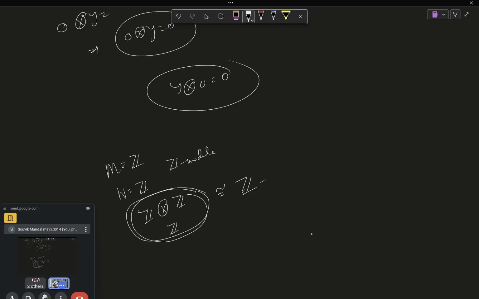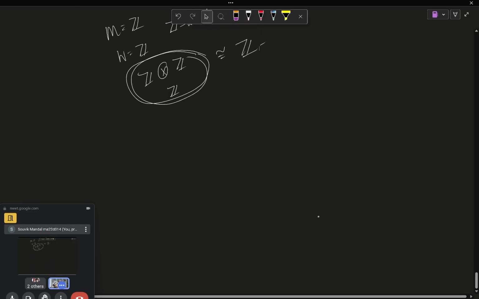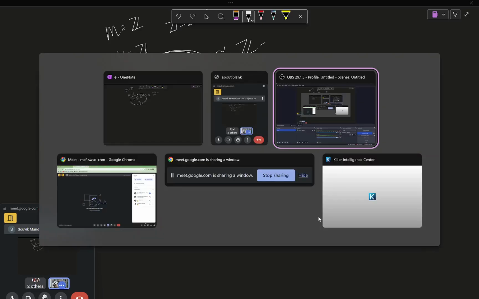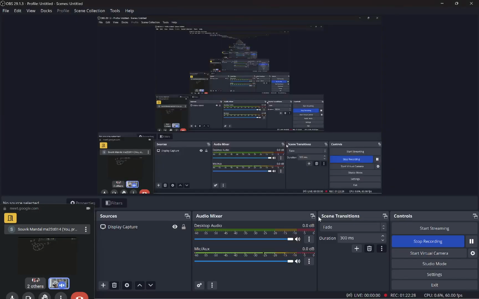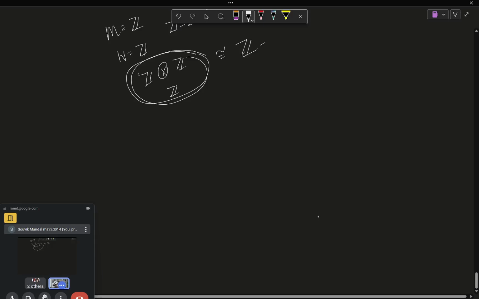So for that, do you understand what we are trying to do? Suppose M equal to N equal to Z. So we have some Z tensor Z by those properties and theorems. But in order to practically work in Z tensor Z, it is always better to understand whether Z tensor Z is isomorphic to something known or not.